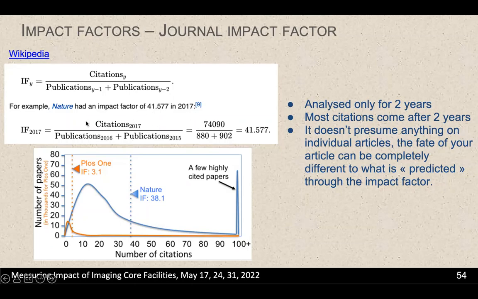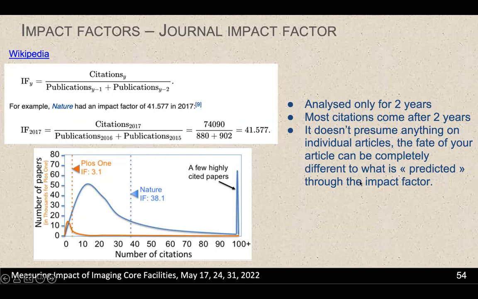So you take all the citations in 2017 and look at the number of publications for the years 2015 and 2016, which gives an impact factor of 41. But it's analyzed only for 2 years, and we mentioned that citations can span a lot more than 2 years, and sometimes the peak is not after 2 years, it's 3, 4, 5 years after. It doesn't presume anything about individual articles.